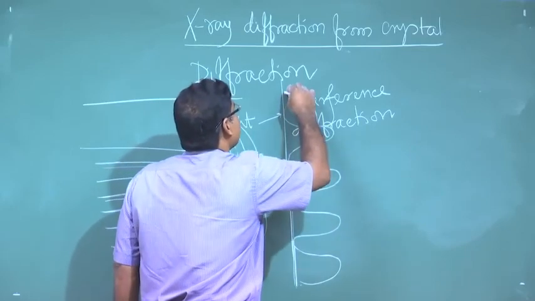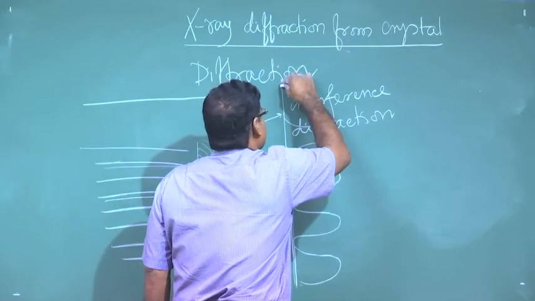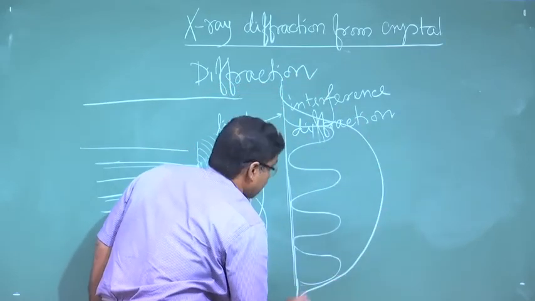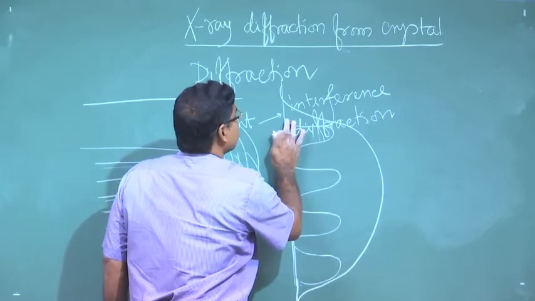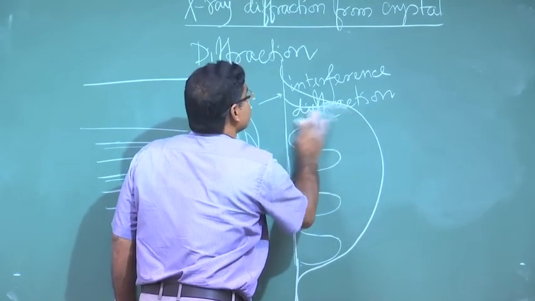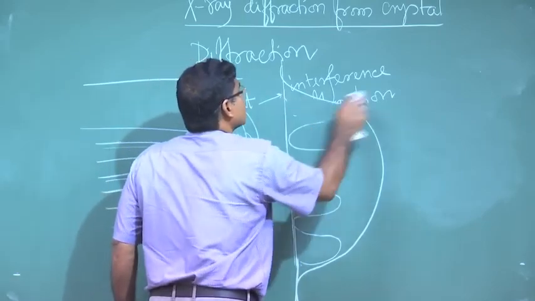So the intensity distribution is like this.